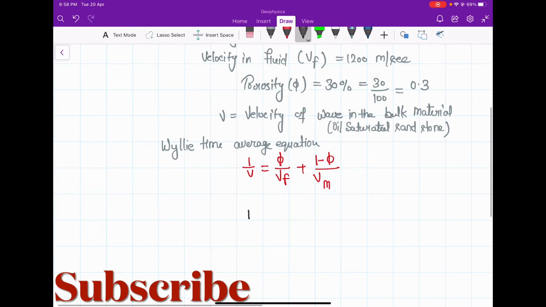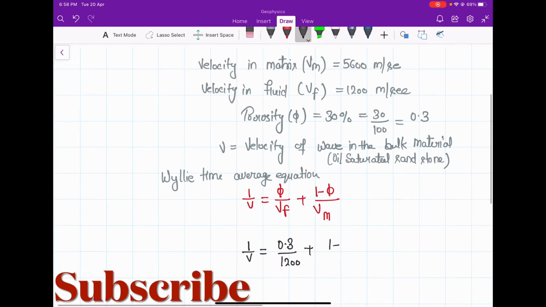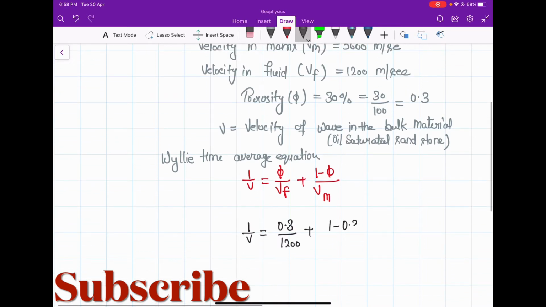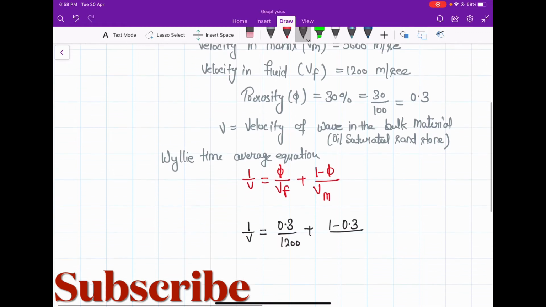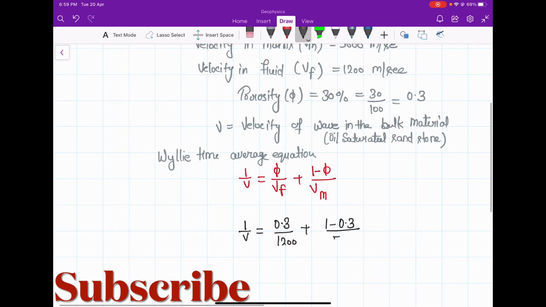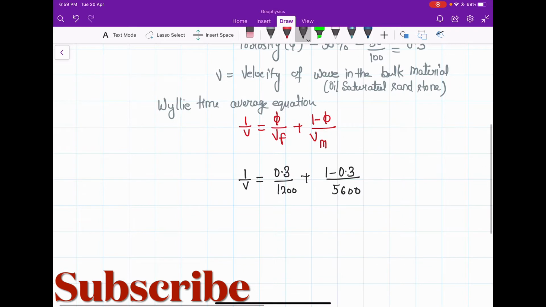So now put the value. So 1 by V is equal to phi, 0.3, divided by 1200 plus 1 minus 0.3 divided by Vm. Vm is 5600. So that will be 1 upon V equals 3 divided by 12,000 plus 7 divided by 56,000.